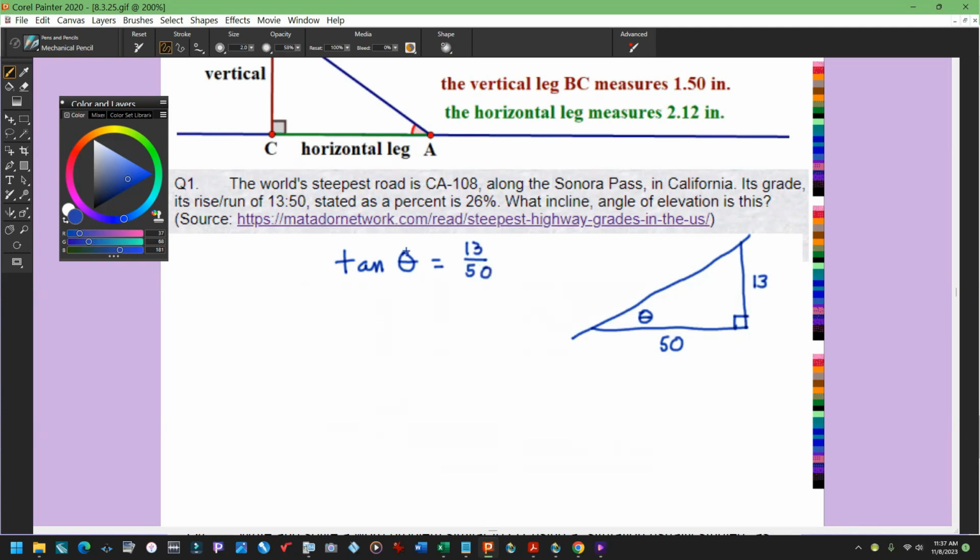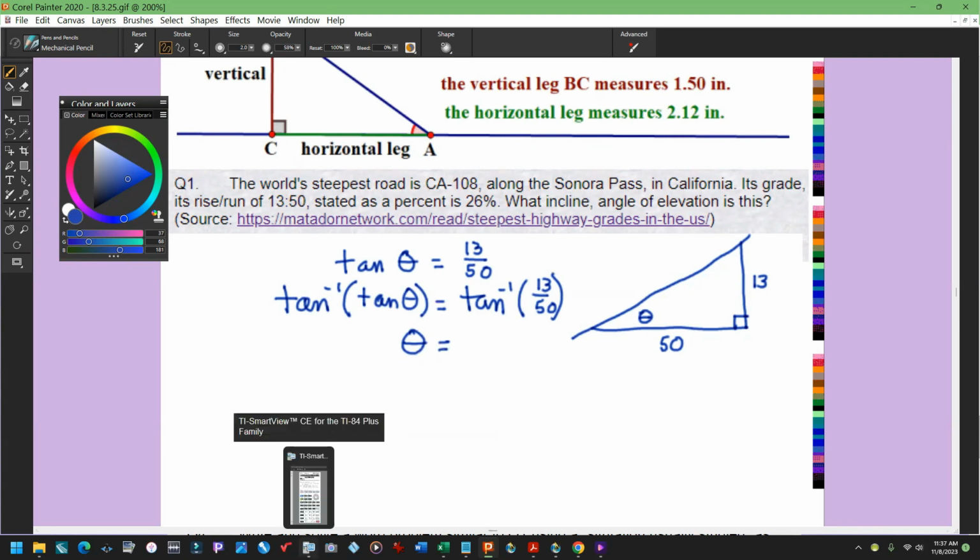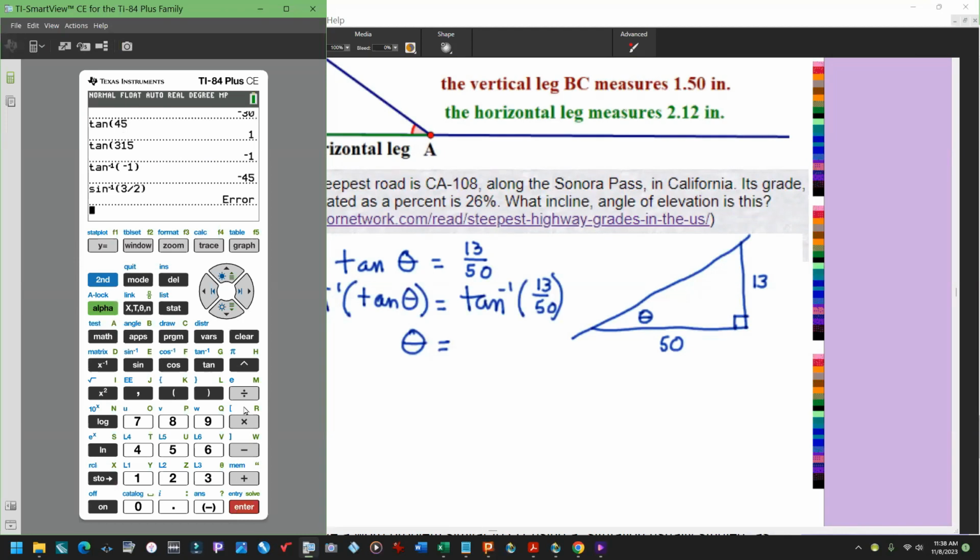We want to get at the angle, so we want to undo the tangent. Let's use the calculator since we don't have another way of doing it.